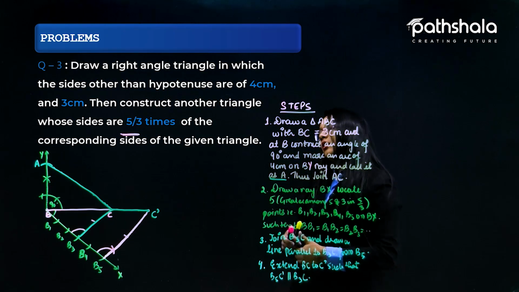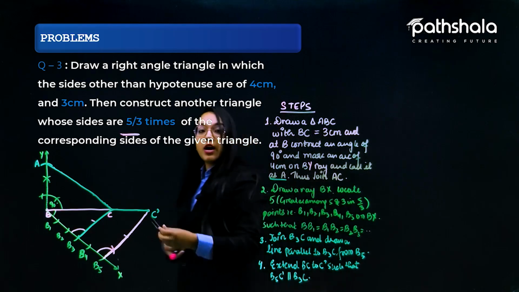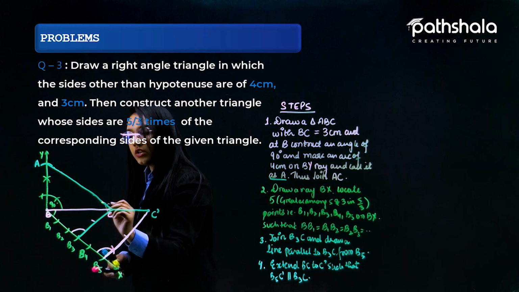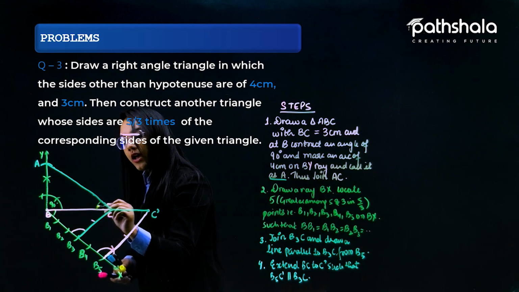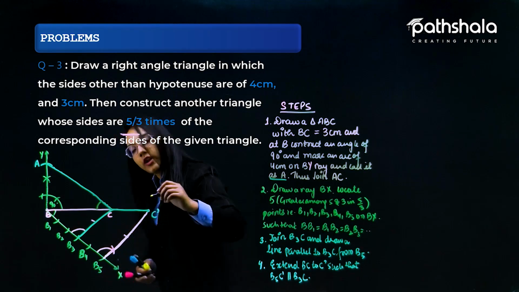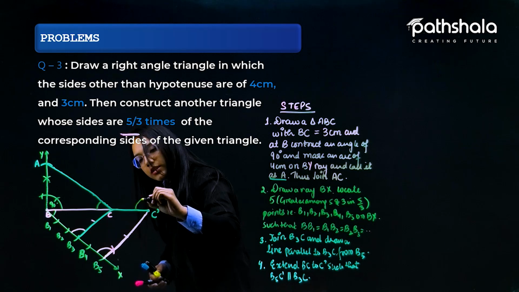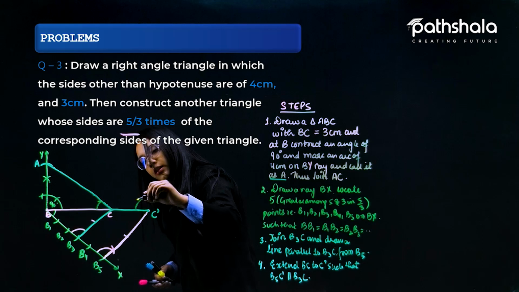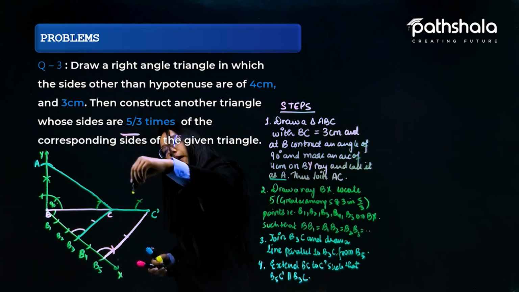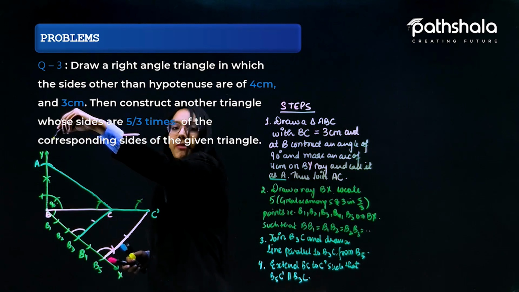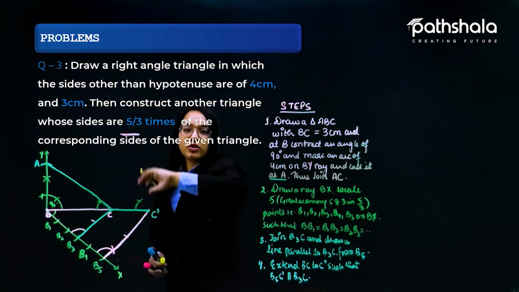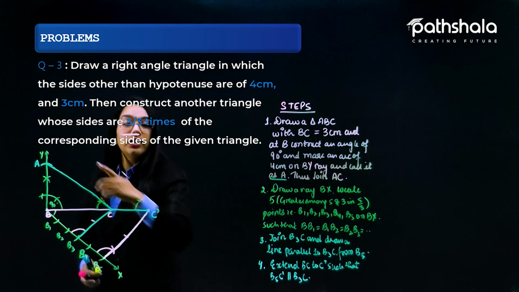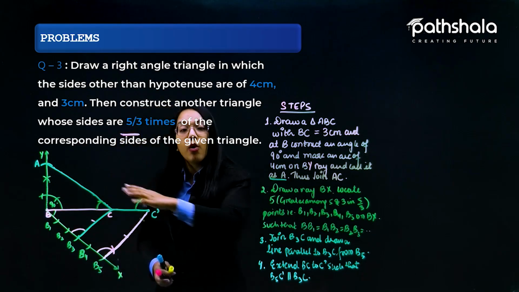Now again we have to measure this particular angle over here, and after measuring it, we have to form a similar angle and draw a line which would become parallel to this one. Let us suppose I'll erase this question first, and then I will draw this line in order to show you how it comes out.